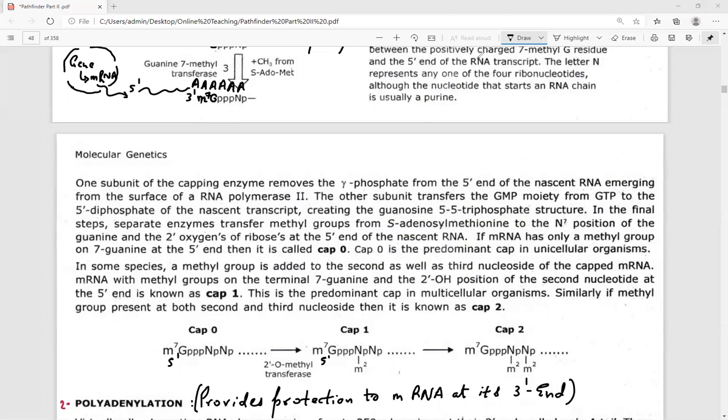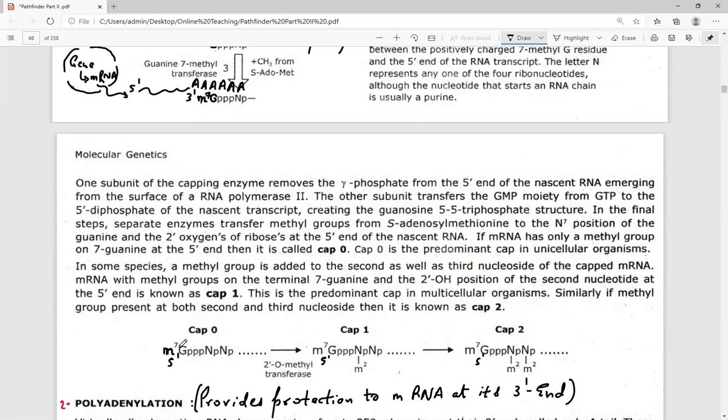And lastly, cap 2 is when the 5' guanine contains a methyl group, and both the ultimate and the penultimate nucleotides contain a methyl group as well. So cap 0 contains only a single methyl group.